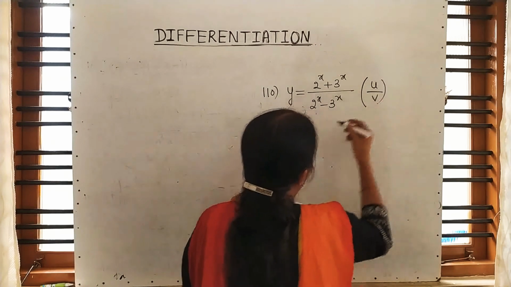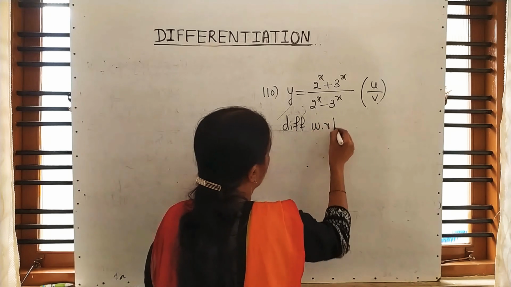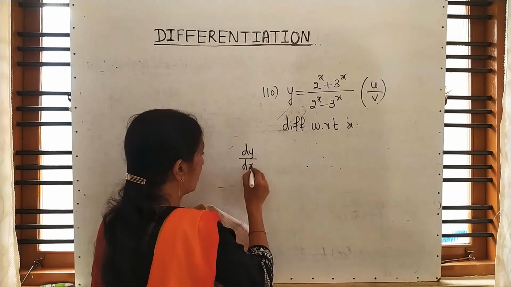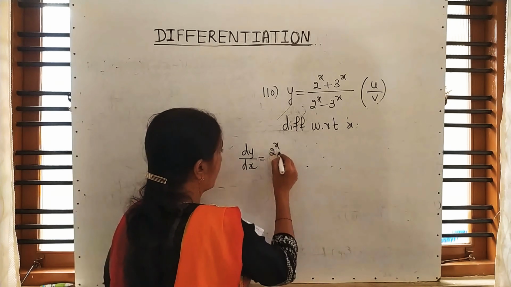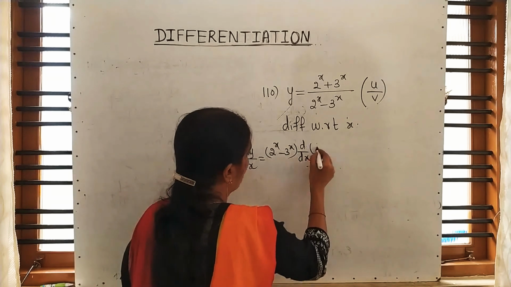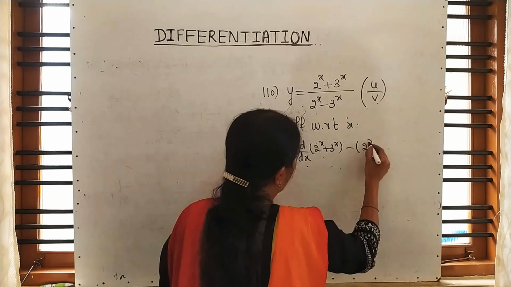U by v method. Differentiating with respect to x. dy upon dx is equal to 2 raised to x minus 3 raised to x, as it is, differentiation of, and middle minus.